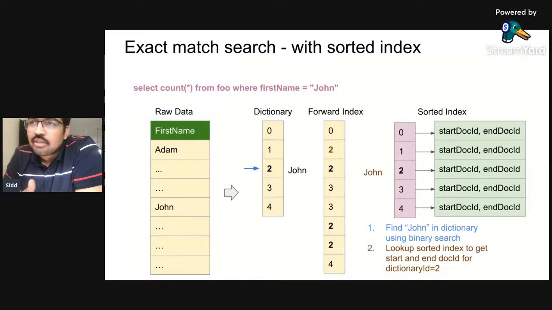The reason we have that is because the segment is sorted on this column. So just look up John in the dictionary using binary search, then look up the sorted index using the dictionary ID, and straight away you get the start doc ID and end doc ID where the value John is present in your segment.